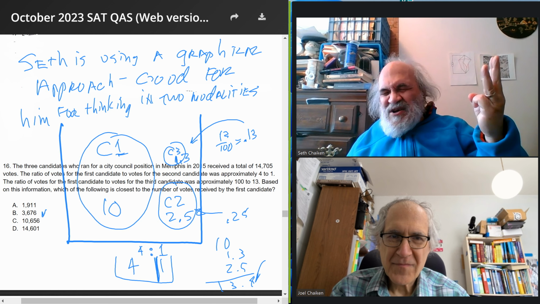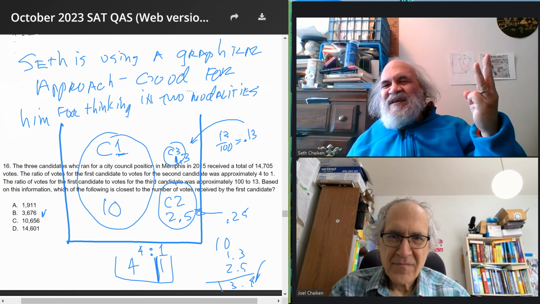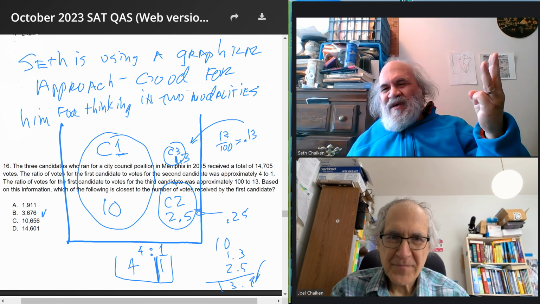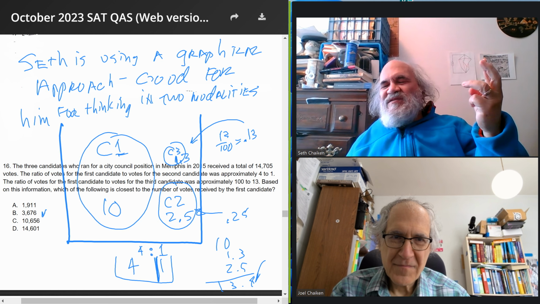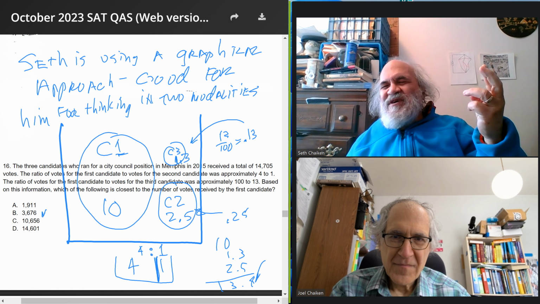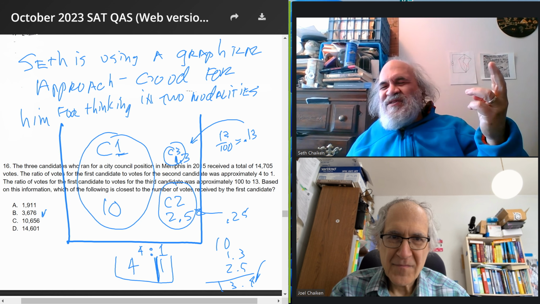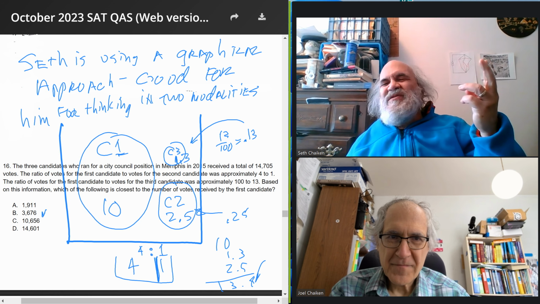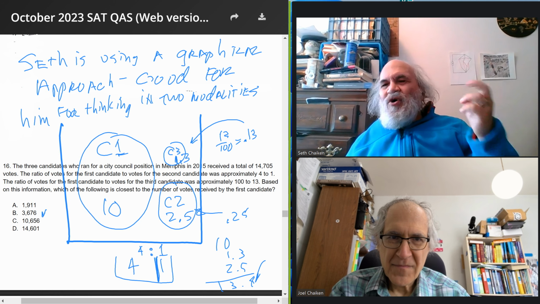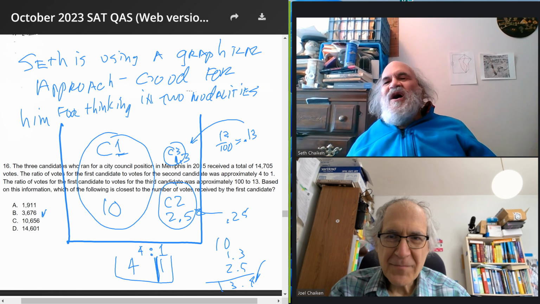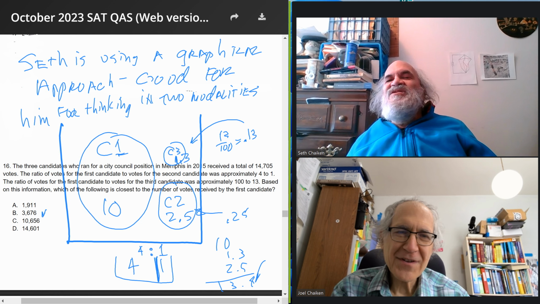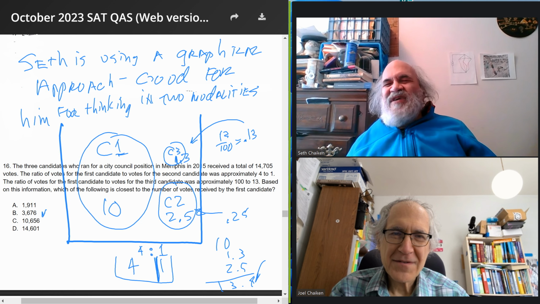And the third equation told us what the total magnitude was. The third equation is C1 plus C2 plus C3 equals 14,000. So the third equation tells us what the size of the pot is. Yeah, the other equations tell us nothing about the size of the pot.